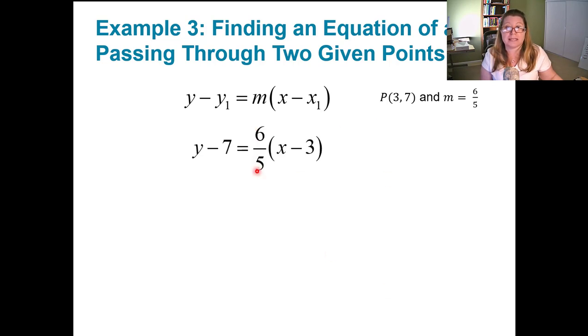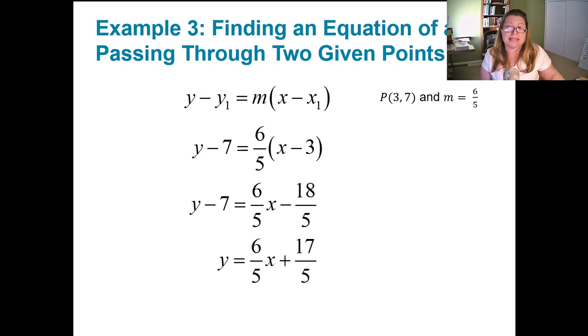Our slope is 6/5, our x1 is 3, our y1 is 7. Now we're going to distribute, add 7 to each side, and we ultimately get y equals 6/5 x plus 17/5. And that's the equation of our line when we're given 2 points.